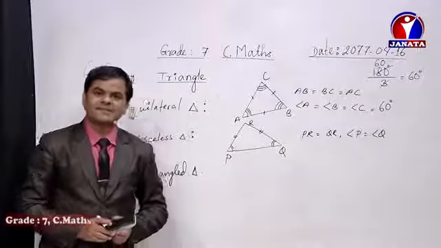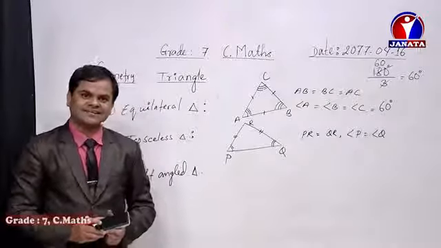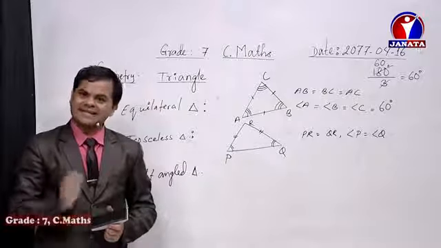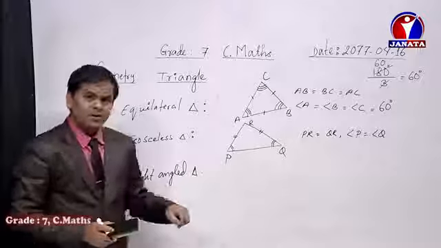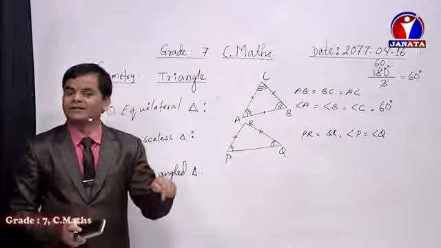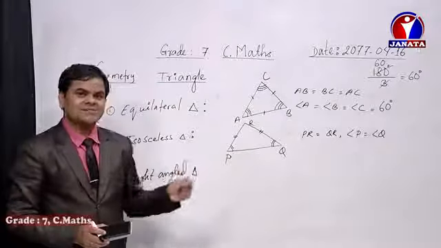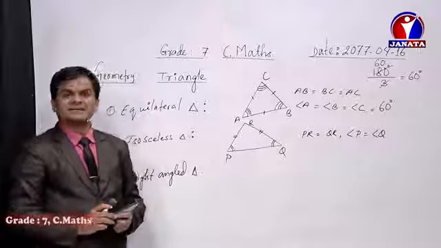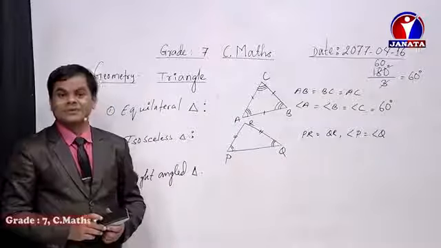A right angle represents an angle of 90 degrees. If the measure of an angle is 90 degrees, that angle is known as a right angle. So a triangle in which, among the three angles, one angle is 90 degrees, that type of triangle is denoted as a right angle triangle.